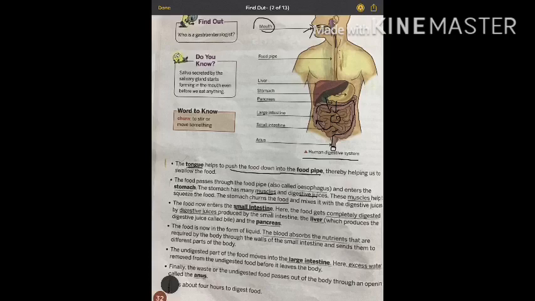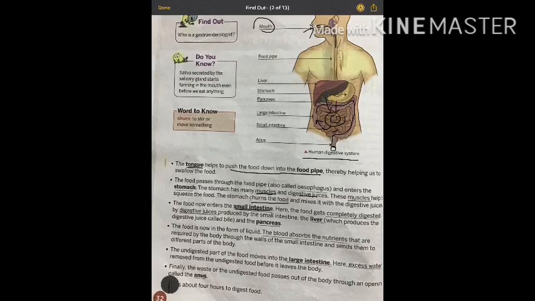Now in between this, one part is there through which nutrients are absorbed in our body, in the blood. So nutrients are absorbed in the blood through the small intestine. This is the part where digestion gets completed, and the nutrients are absorbed through the walls of the small intestine.